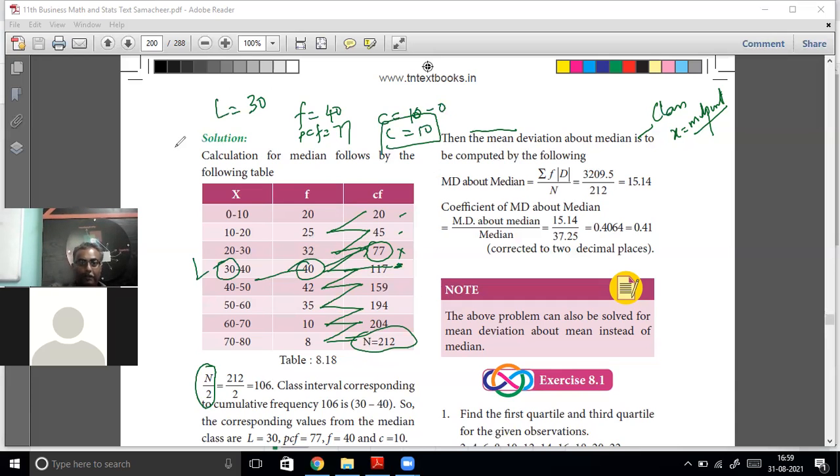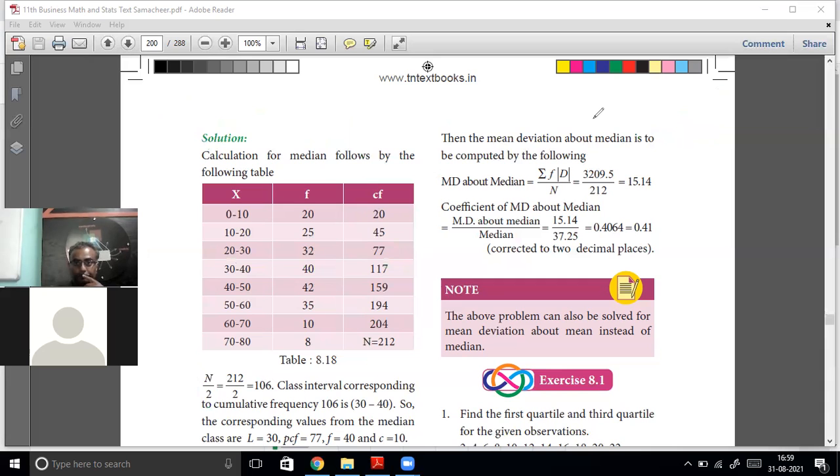Now you apply the formula. L plus n by 2 minus PCF divided by F, the whole into C. Remember, L plus n by 2 minus PCF by F into C. When you have all the data, you apply all of that.